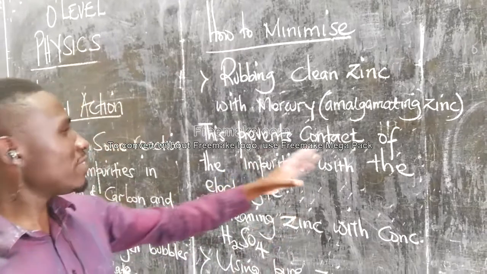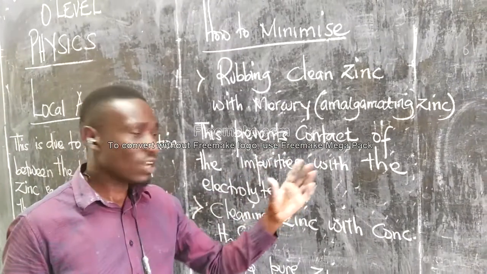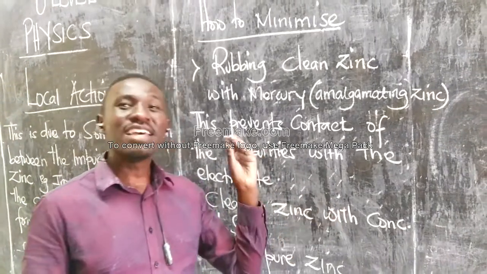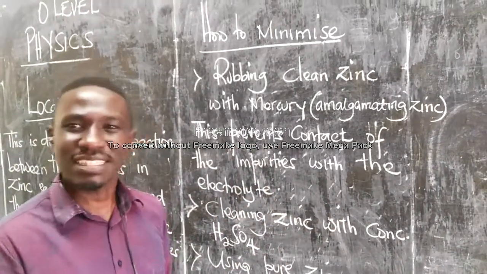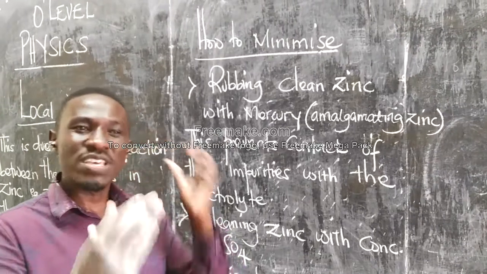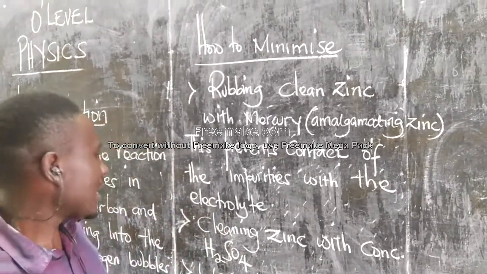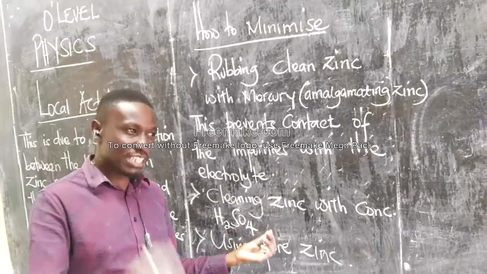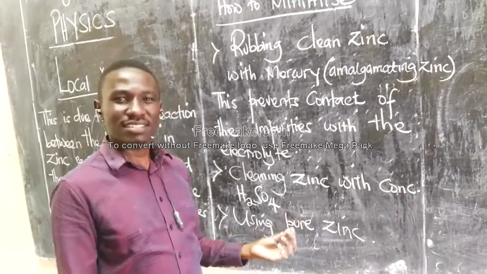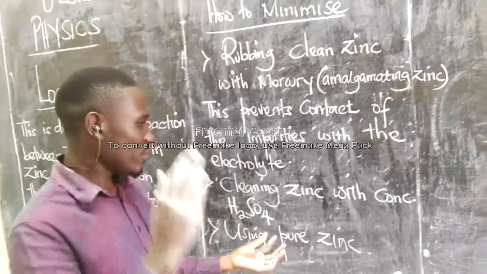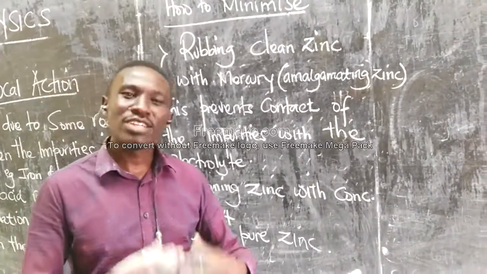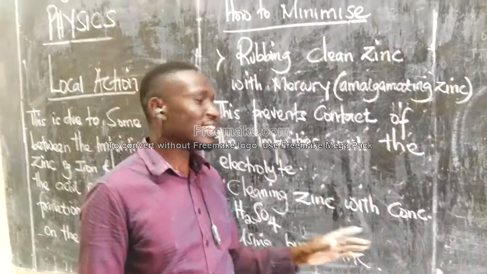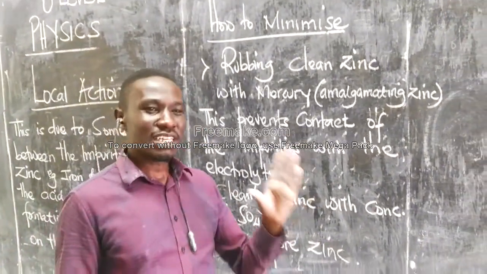So this prevents contact of impurities with the electrolyte, meaning that even if zinc has some impurities, they will not get into contact, or they will not react with the dilute sulfuric acid. Then two, you clean zinc with concentrated sulfuric acid. And then lastly, ensure that you have used pure zinc, zinc that is free from impurities.